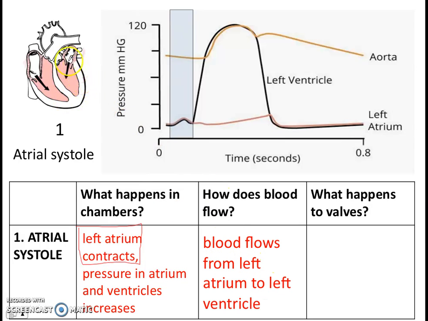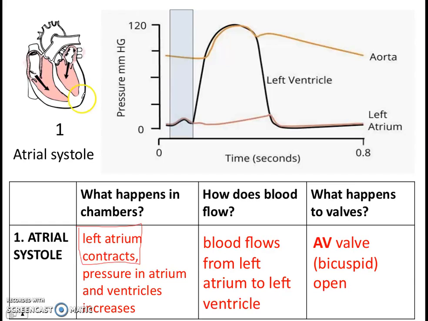Now, in order for that to happen, what happens to the valves? Well, we know that this valve here, the bicuspid valve, which is an atrioventricular valve, will open up. So this bicuspid valve will open to allow blood to flow from the left atrium into the left ventricle.